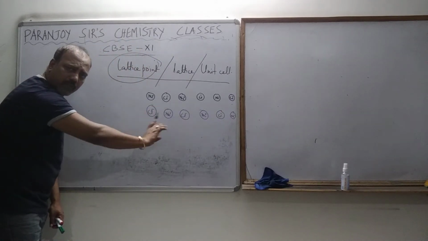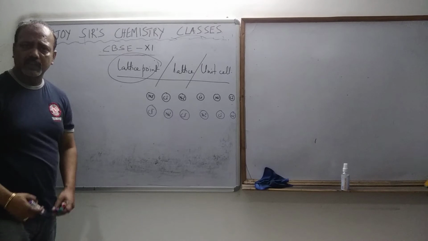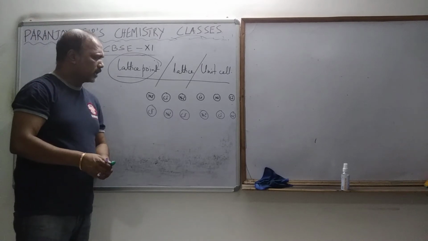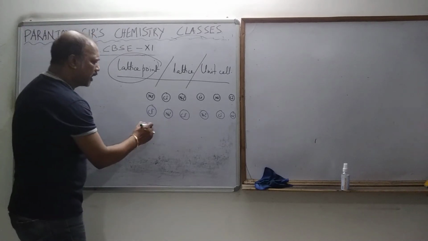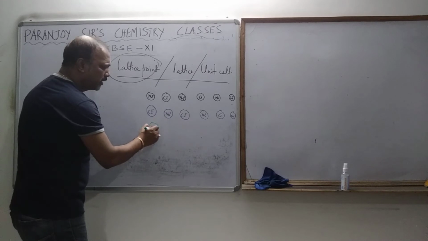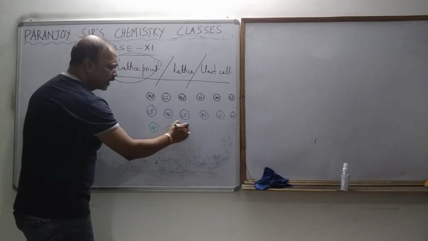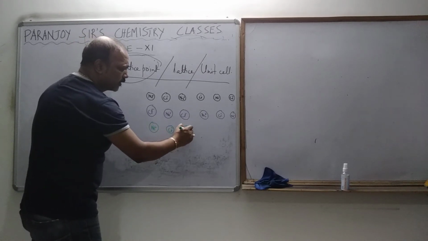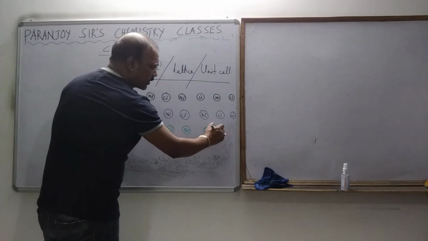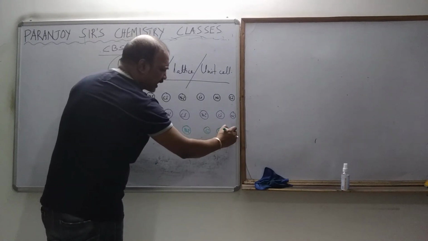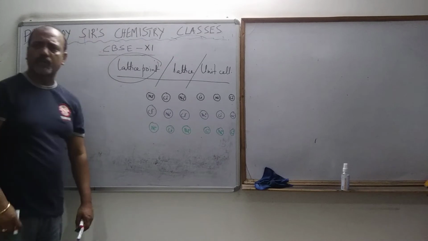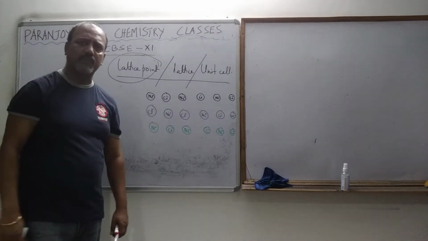Line 1, line 2, line 3, line 4, line 5, line 6, whatever. These lines together, again the repetition will happen: Na positive, Cl negative, Na positive, Cl negative. I just took the example of this. That does not mean that only sodium chloride exists. I just took the example for your understanding.